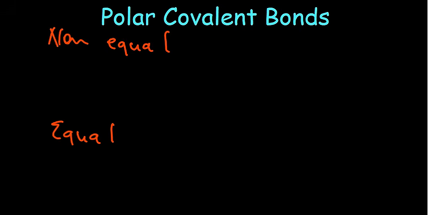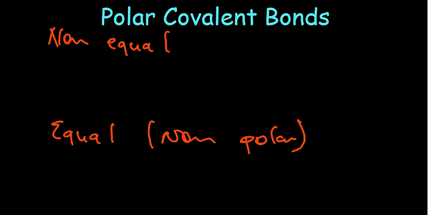All right, so we'll continue looking at polar covalent bonds. From the previous video, we've built an argument that our foundation is that polar covalent bonds involve non-equal sharing of electrons, while equal sharing of electrons is called a non-polar covalent bond.